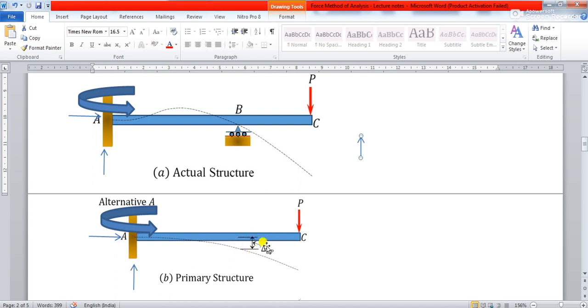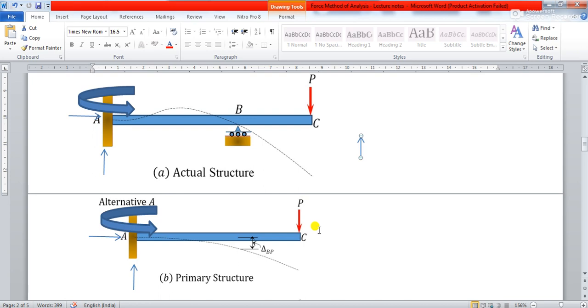Now once you find out this delta BP, what is delta BP? Delta BP is nothing but the deflection at B due to this load P. So this P may be a point load, this P may be a uniformly distributed load, this P may be a uniformly varying load, or this P may be a multiple combination of point load and your UDL, whatever it may be.